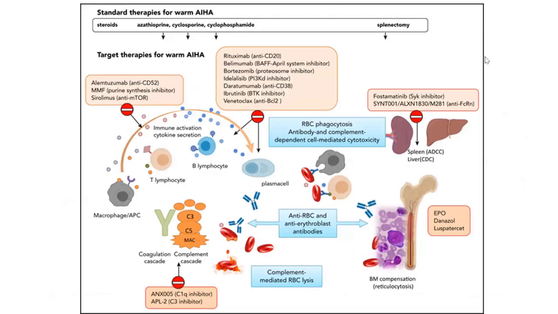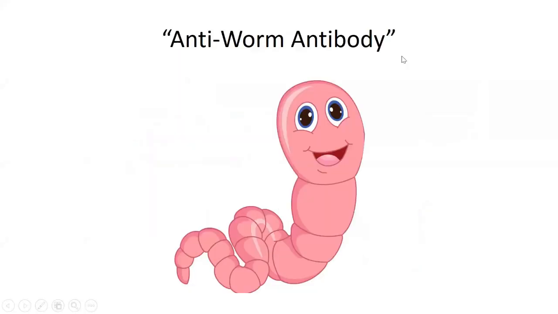This very nice visual abstract from a Blood review paper on immune hemolysis covers standard therapies for warm autoimmune hemolytic anemia, as well as a number of off-label options or considerations that run the range of EPO to danazol to complement inhibitors to anti-lymphoma cannons to splenic tyrosine kinase inhibitors, anti-FcRn drugs, as well as rheumatologic or anti-rejection medications.